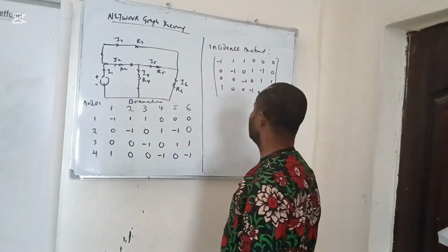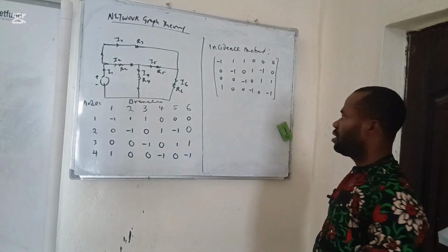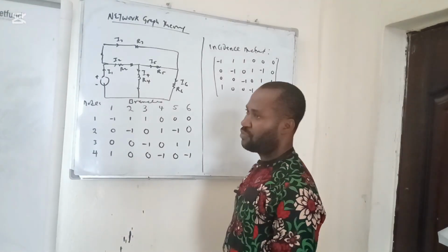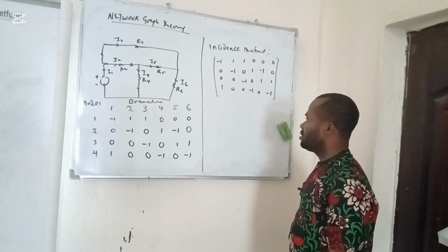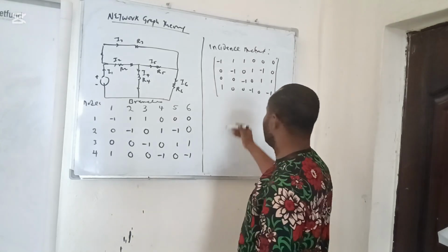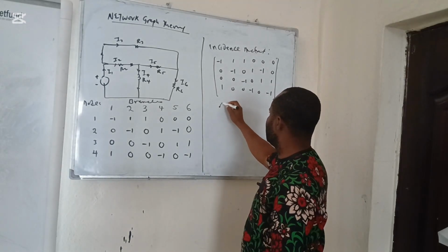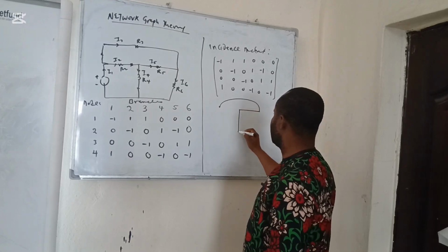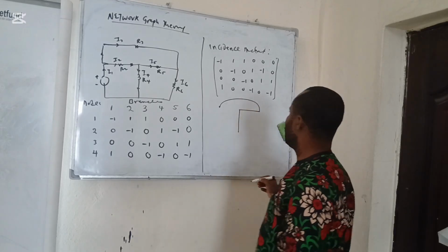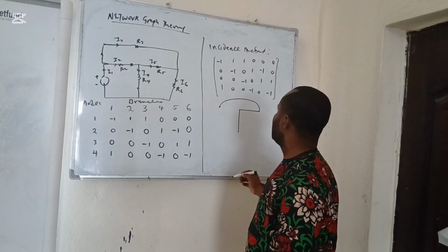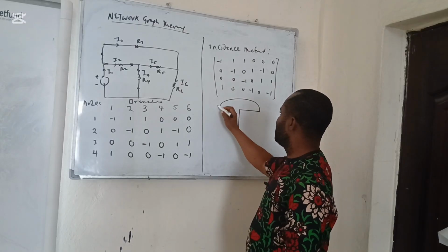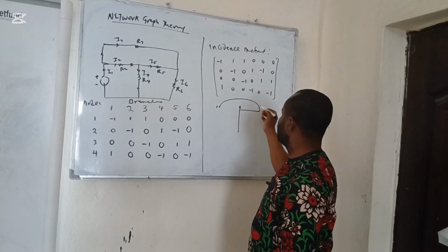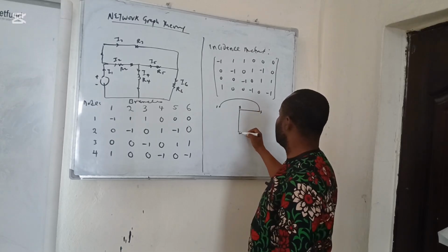So when we also talk of the number of trees that we can form from a certain graph, recall that we pick this to be our tree, where we consider this, and this.